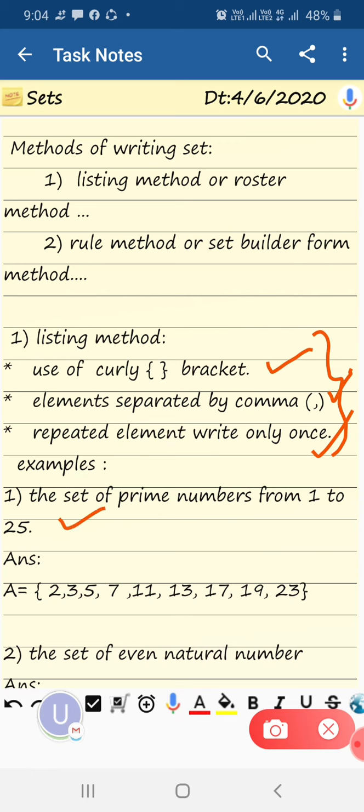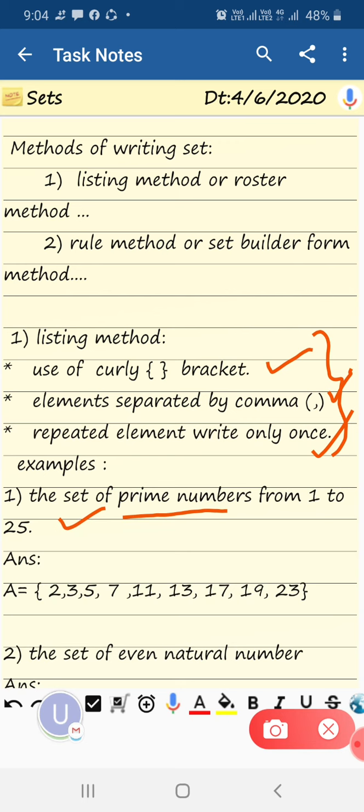The first question is the set of prime numbers from 1 to 25. We know very well what is meant by prime number. Prime number means a number whose factors are 1 and that number.